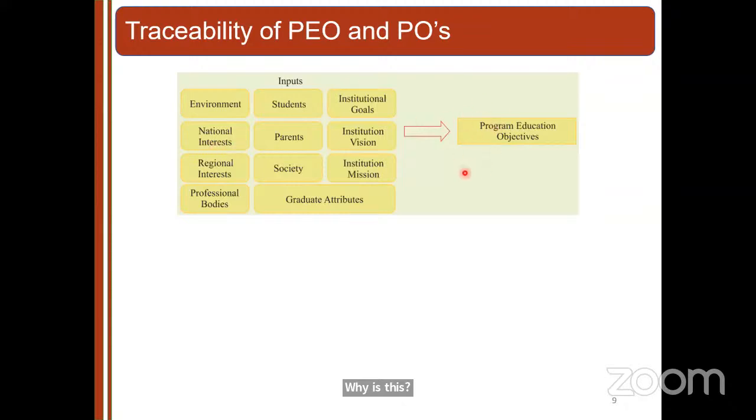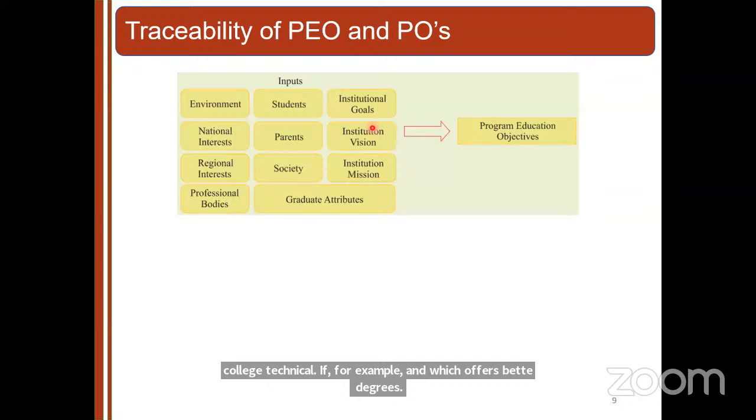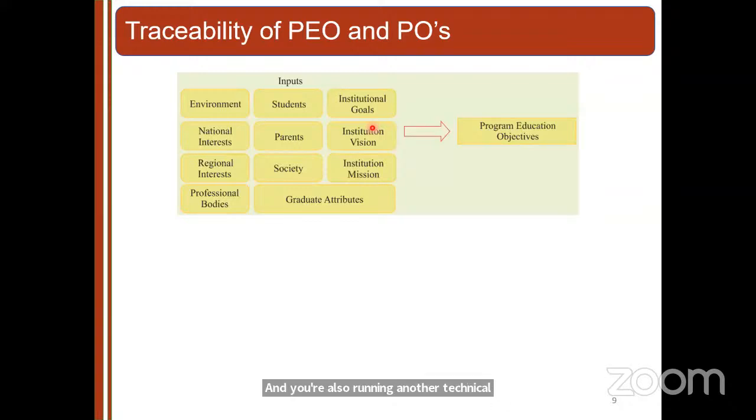This is because of the PEOs that you write. If I run a technical college, for example, which offers BTech degrees, and you are also running another technical college, an autonomous college awarding BTech degrees, our missions and visions closely relate.